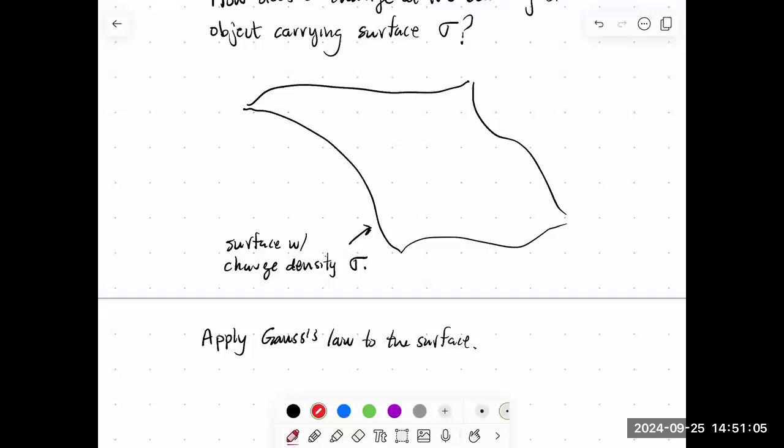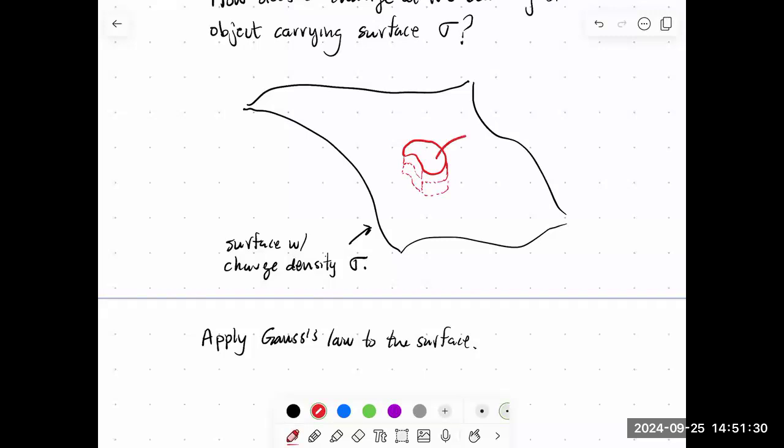So I'll try to draw a Gaussian surface. I'm going to make its shape somewhat arbitrary. Challenge my drawing ability. There's a piece above the surface, and then it extends below. So there it is.